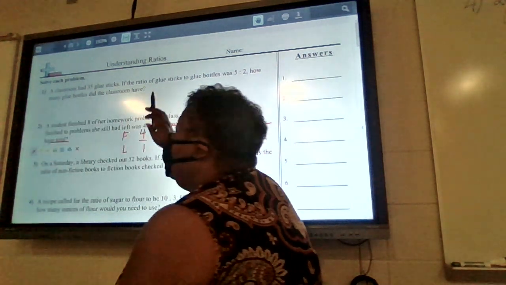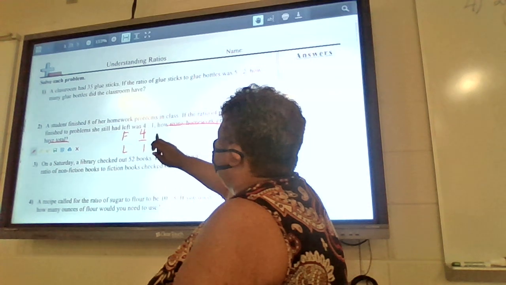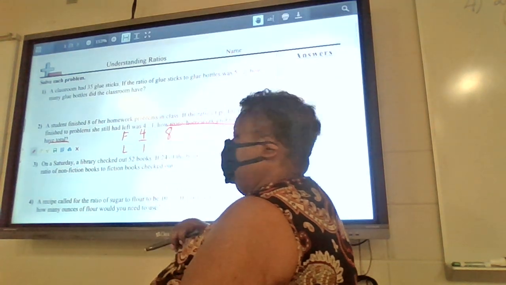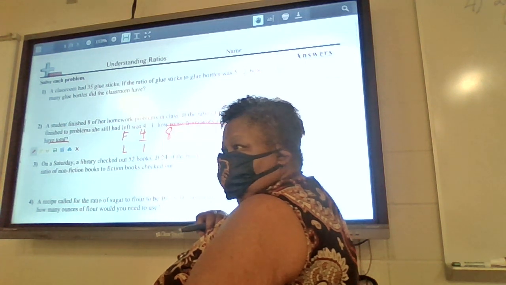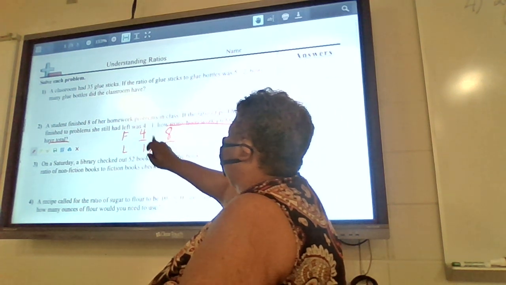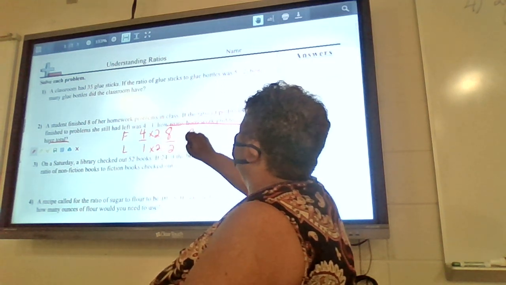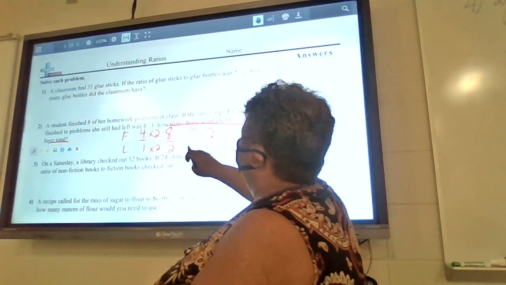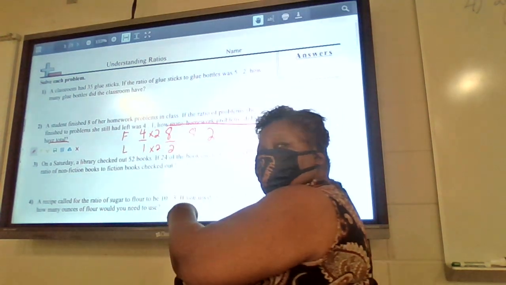So first, we have to find an equivalent ratio. So the ratio is 4 to 1. She finished 8. So 4 times what gives me 8? 2. And then 1 times 2. So we have to multiply this one by 2 also. So the ratio of finish to left, the original one before they simplified it, was 8 to 2.